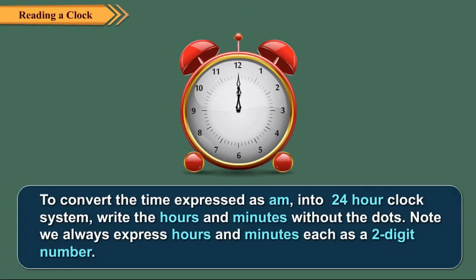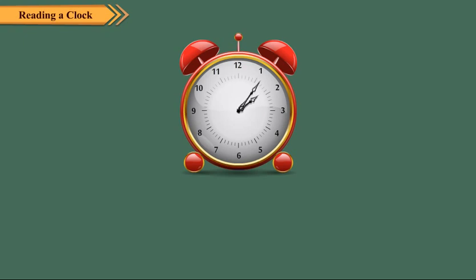To convert the time expressed as AM into 24-hour clock system, we write the hours and minutes without the dots. Note that we always express hours and minutes each as a 2-digit number.